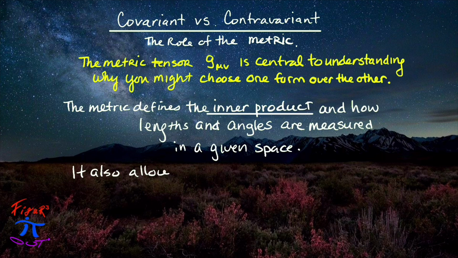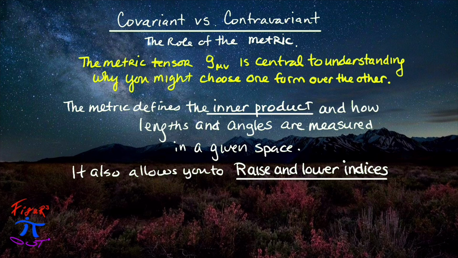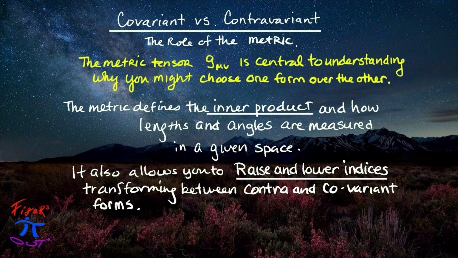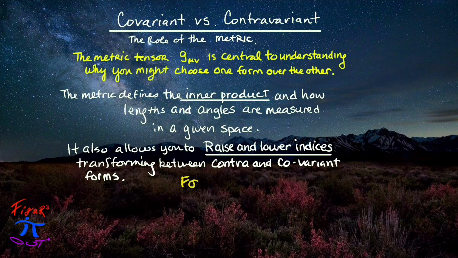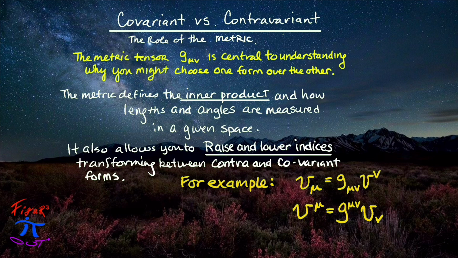So with that, it also allows you to raise and lower indices, transforming between contra and covariant tensor forms. For example, if I want to raise the index or lower the index, we use the metric or its inverse to do so.